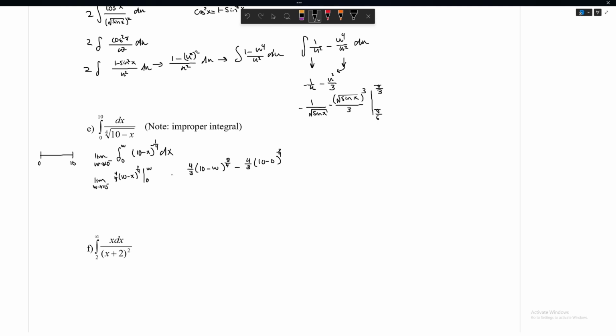So, simplifying this. Obviously, we're still taking the limit. We haven't taken the limit just yet. Now, if I were to simplify this, this will just be 4 over 3, 10 to the 3 over 4. Okay? So that's a solid number we know is there. The question is, where does this limit go?